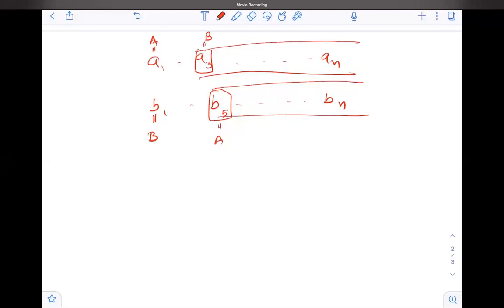But who guaranteed you that the longest common sequence will actually contain A1 or B1? It might be that the string you have thrown away here and the string you have thrown away there have a huge common intersection.